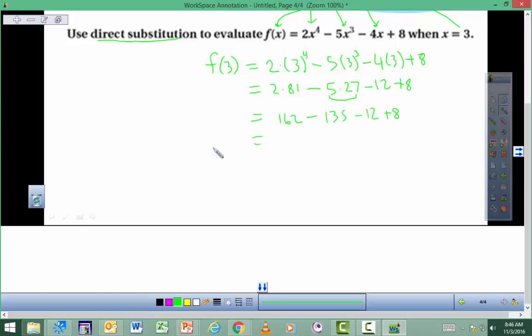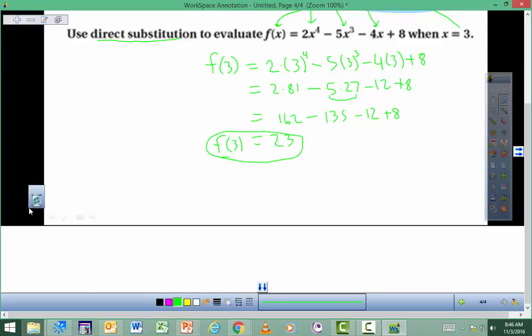And I think we can finally say f of 3 is equal to, well, let's see here. 162 minus 135 minus 12 plus 8. I get 23. Bam.